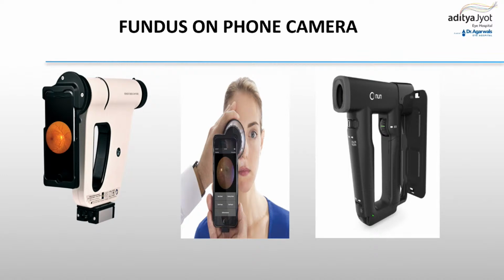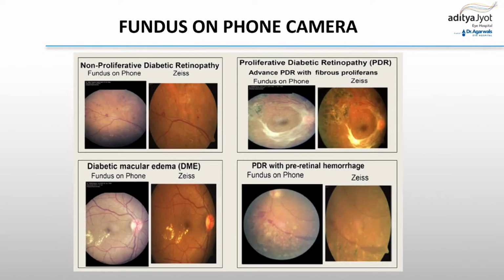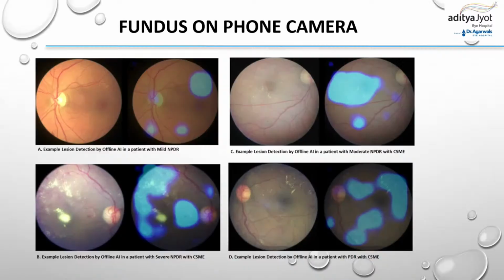I work with Remidio, which is made in Bangalore, India. They have FDA approval and CE approval in Europe, and they're using software. This is the fundus photograph taken on the Zeiss on the left, and on the right is the Fundus on Phone, and the photograph quality is almost as good, so you can take a good photograph with the iPhone.